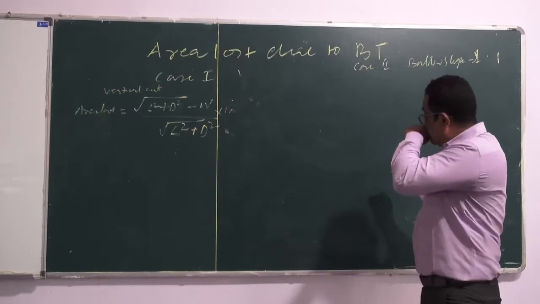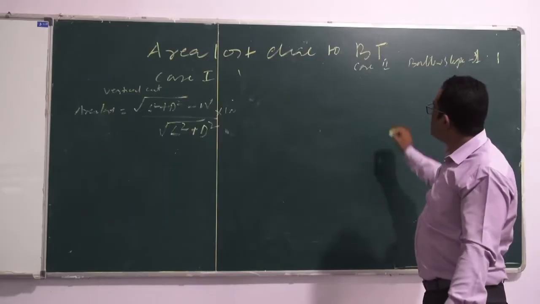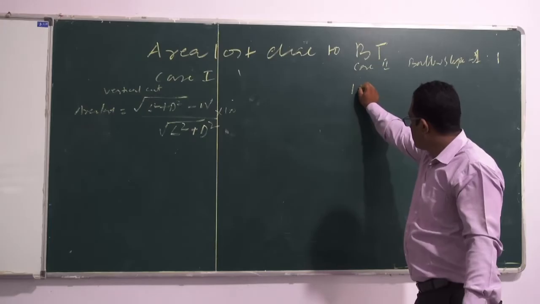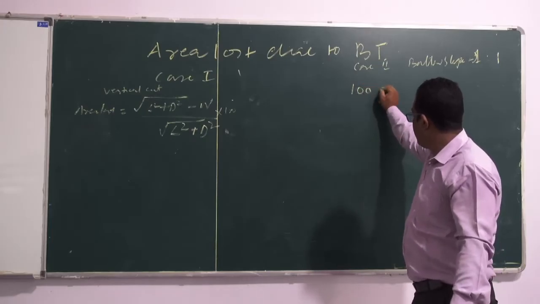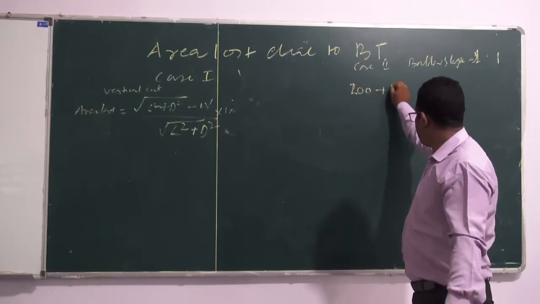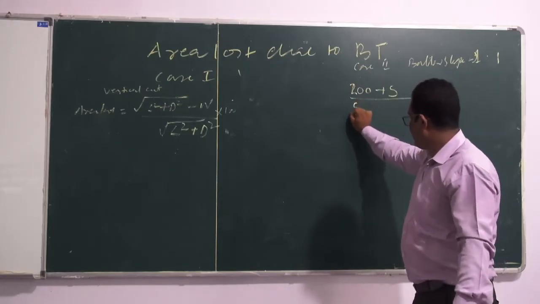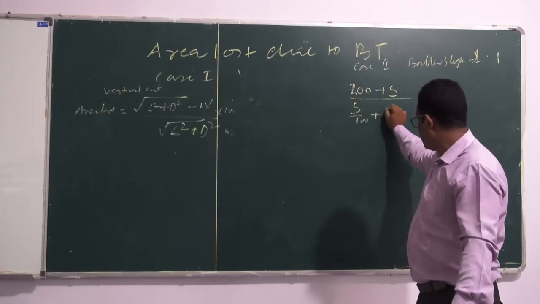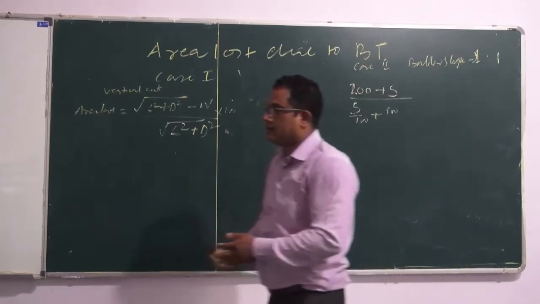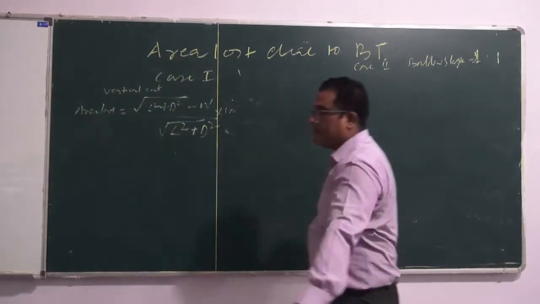Percentage में आ जाएगा. The area loss in percentage for a berm slope of 1:1 will be 100 times 200 plus S divided by 100 plus D. And you have to derive it. Right now it is not coming to mind. Try to derive it.